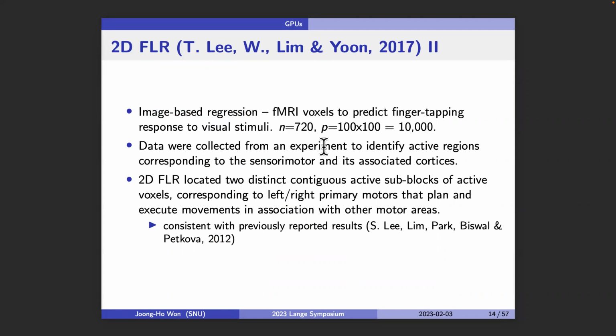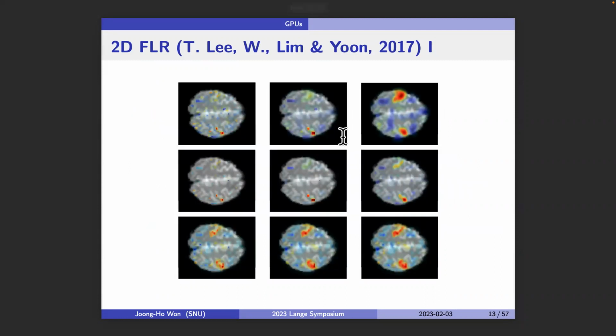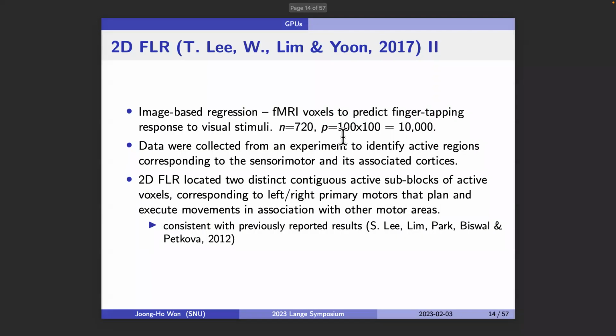And here, even though these are very small thumbnail images of 100 by 100, it's a 10,000 dimension regression problem, and the sample size is like 300.